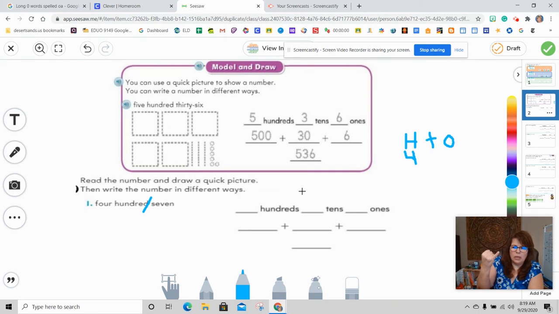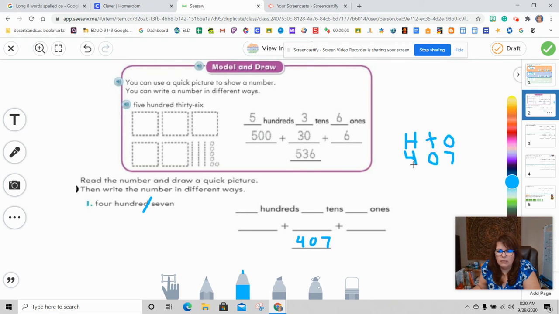When I say 7, 1, 2, 3, 4, 5, 6, 7, I'm counting by ones, so I know that goes in the ones place. Now I didn't hear anything in the tens place, so I have to put a 0 there. I have to hold its value because if I hear the hundreds, that means I have 3 digits all the time. So now I know my standard form will be 407.